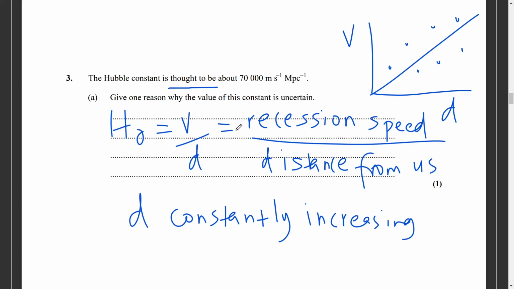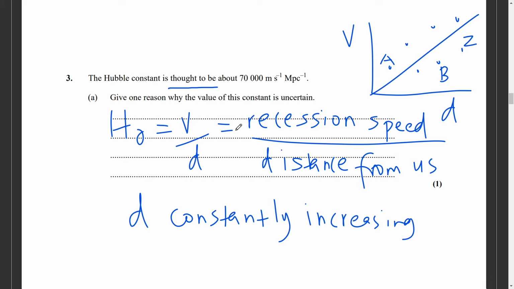So for example, this point represents galaxy A, this point would represent galaxy B, and this point would represent galaxy Z, etc.